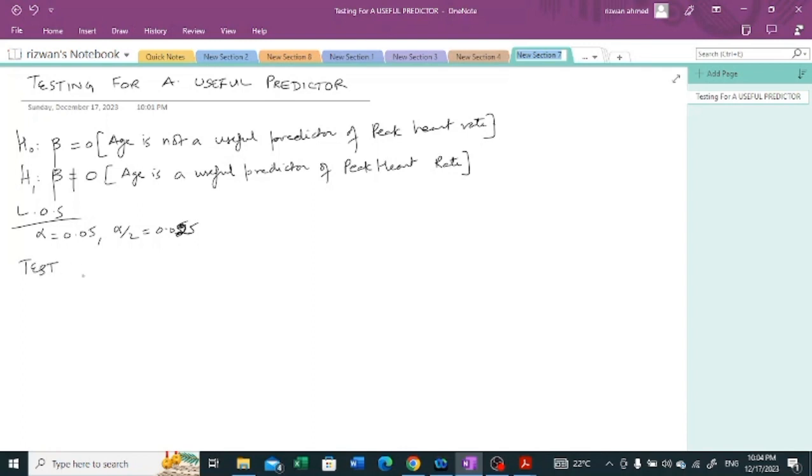Now the test statistic that we use for this particular hypothesis testing is T equals b minus beta divided by SE divided by root SXX, and this denominator component measures the standard error of the fitted regression model in terms of the slope. So this is the variation or the standard error associated with the slope coefficient.